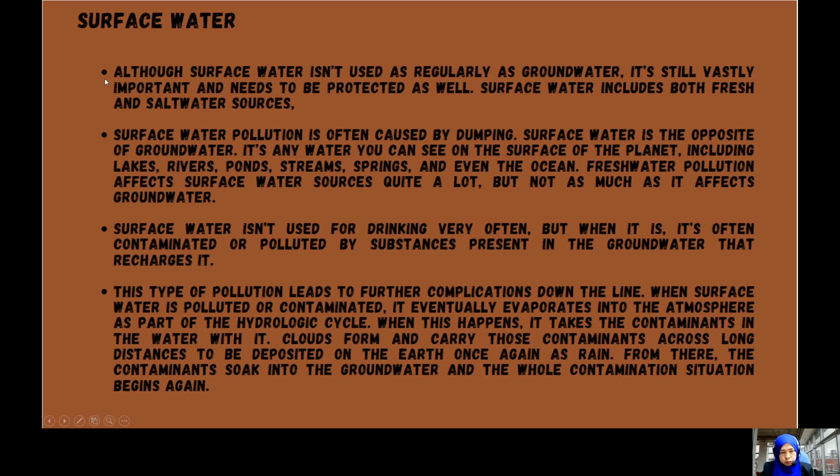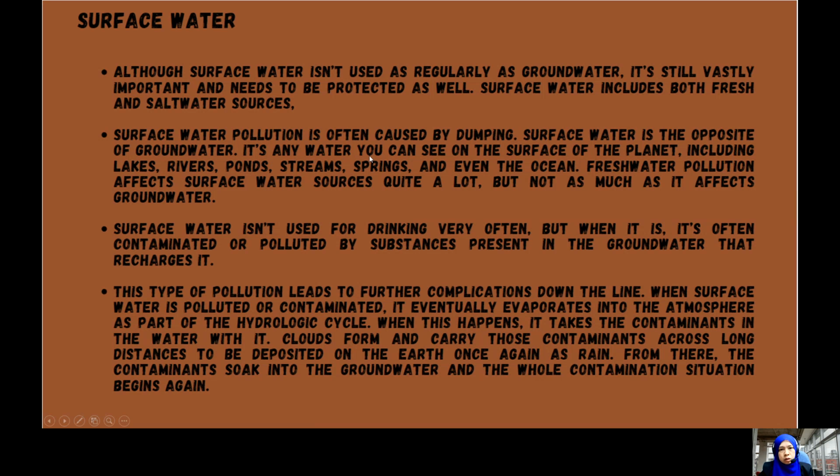For surface water, contamination or pollution of surface water is often caused by dumping. Surface water is the opposite of groundwater. Groundwater is below, surface water is above.